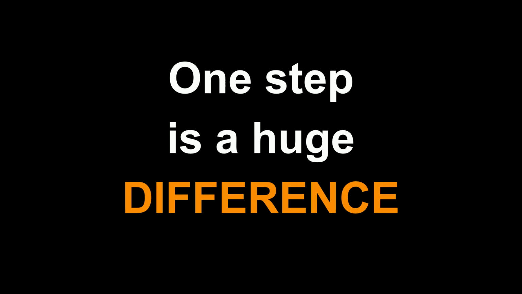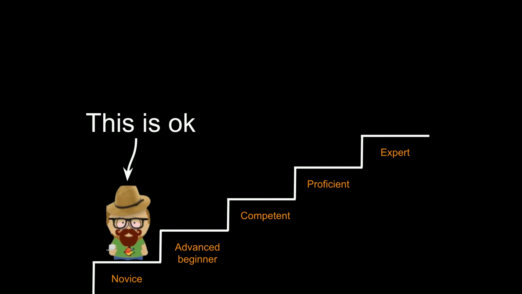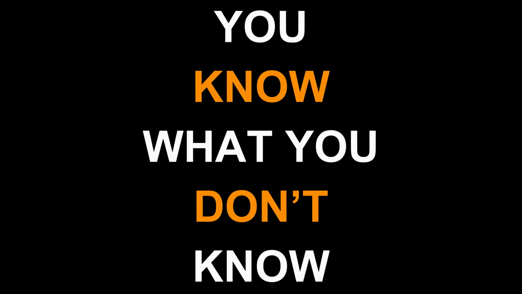Kind of obvious, but it's quite dangerous because at the stage below novice, you actually don't know what you don't know. So the first step is a huge difference. This is okay because now you know what you don't know. And obviously it's not as black and white as we have drawn it in these pictures. It's not like you're going from an expert to a total novice, but we're stretching it a bit to make a point.